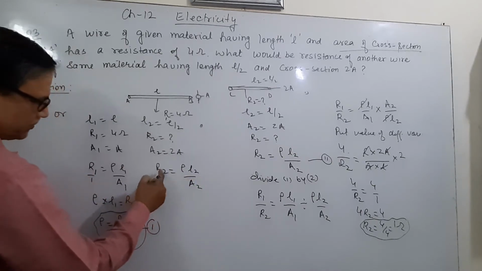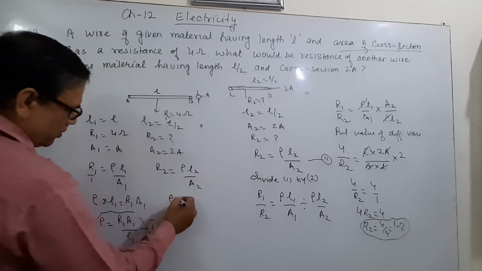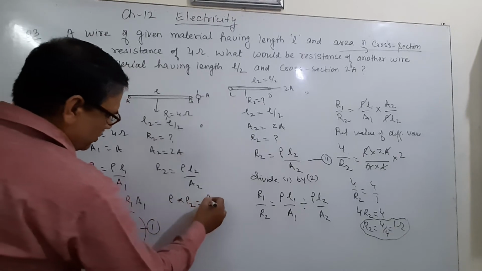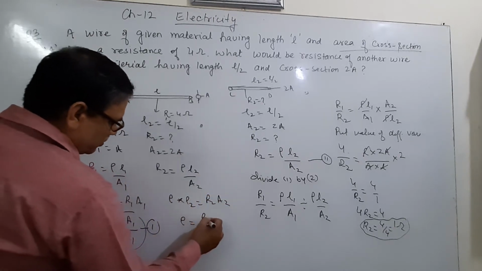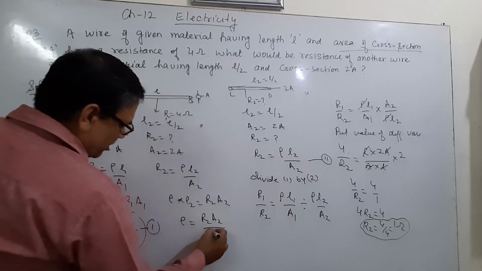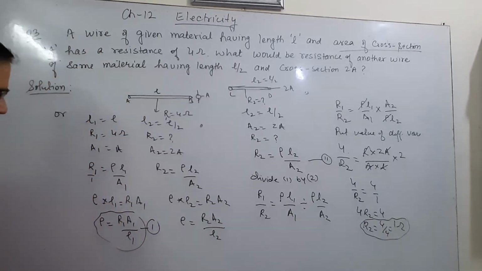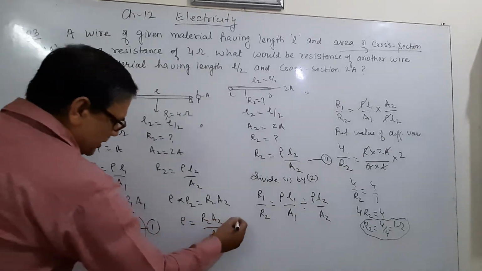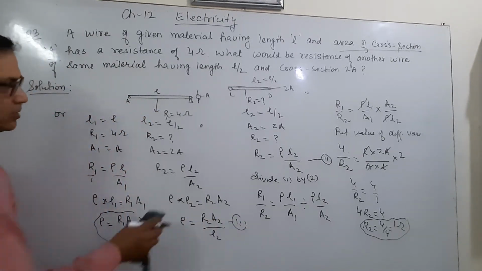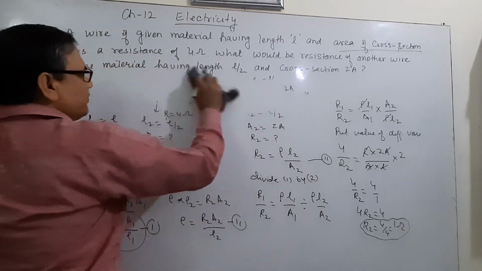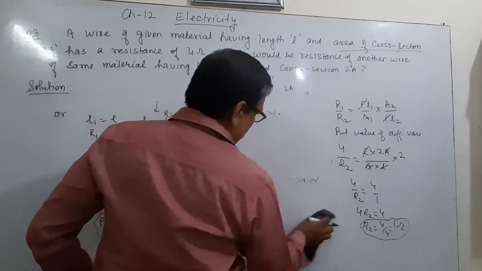Cross multiplying, rho into L2 is equal to R2 A2, so rho is equal to R2 A2 upon L2. The rho in the first and second are both the same. The left hand side is the same, so the right hand side is also the same.